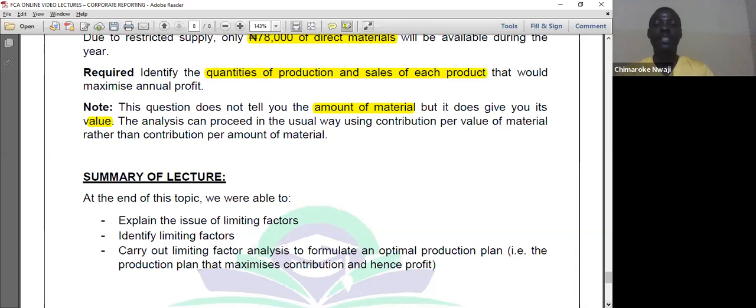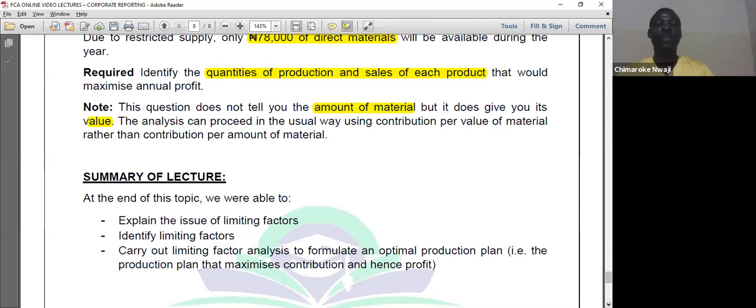And I said these are 5 steps, and 6 steps rather. Step number 1, find the contribution per unit of each of the products. Step number 2, identify the limiting factor to the products. Step number 3, find the limiting factor per unit of each of the products.